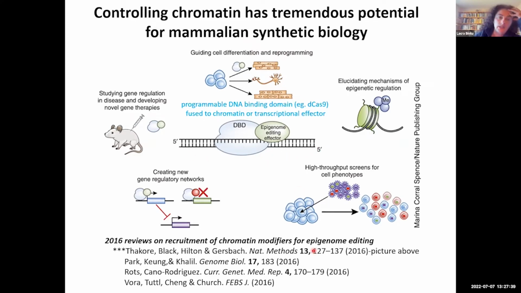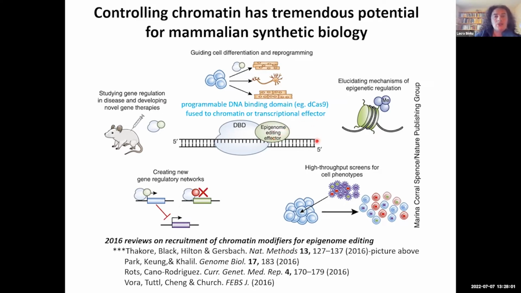What is shown here in this picture that I took from this review is the idea of having a programmable DNA binding domain, meaning a DNA binding domain that you choose where to target it in the genome, fused to one of these effector domains that could either drive transcription or change the chromatin state at that locus.